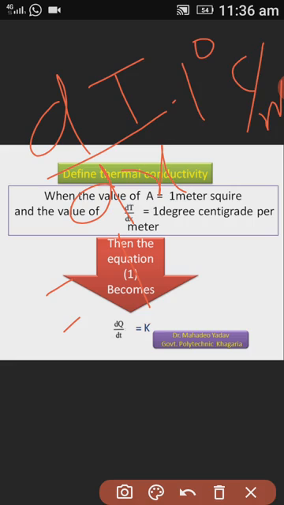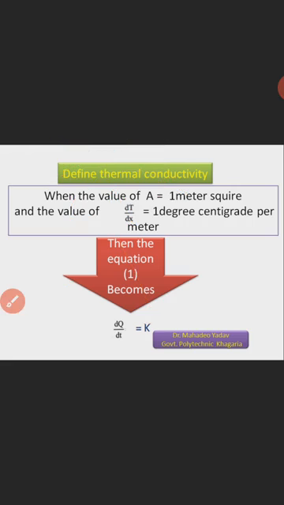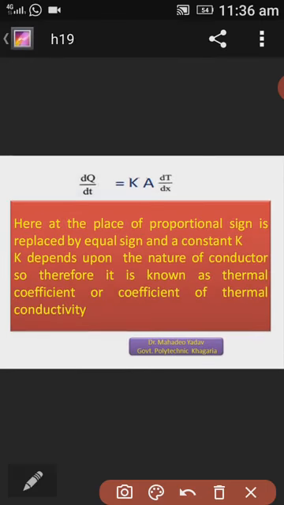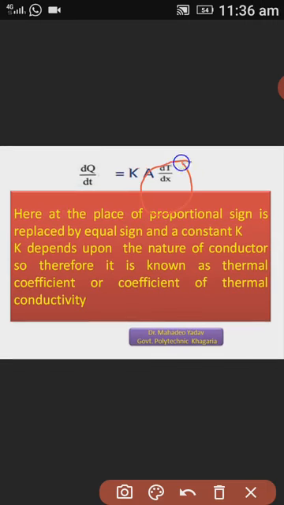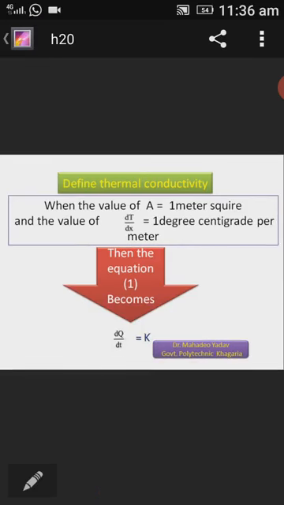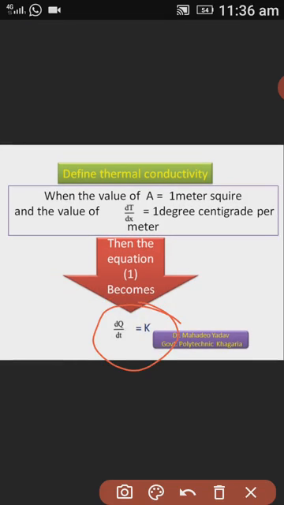Then we shall get dq, this will be 1, then dq equals k. So we put all things as 1, and it becomes dq equals k.